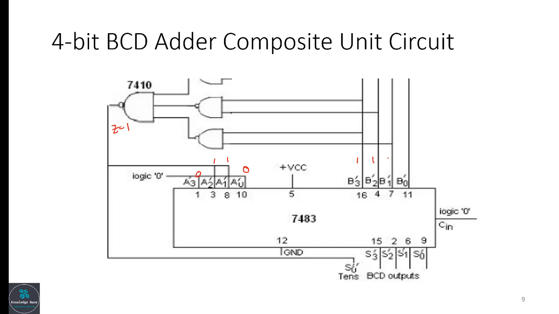So the tens is directly connected to Z, so it will be 1, and if I perform this addition A plus B with Cin equals to 0, then we will get 0 1 0 0. So the final output, we can easily put 3 front zeros in the tens. So final output we are getting 1 and 2, which is the decimal 12.